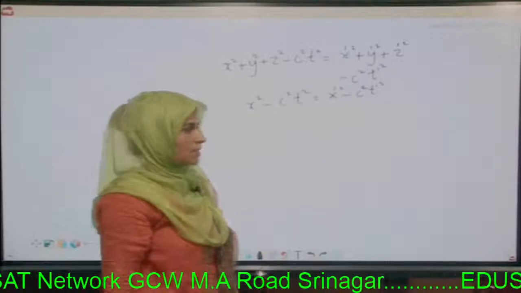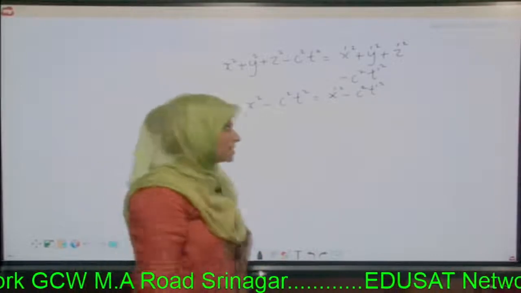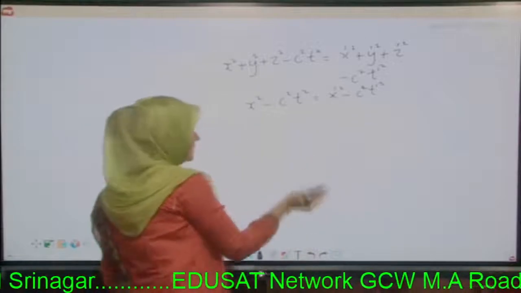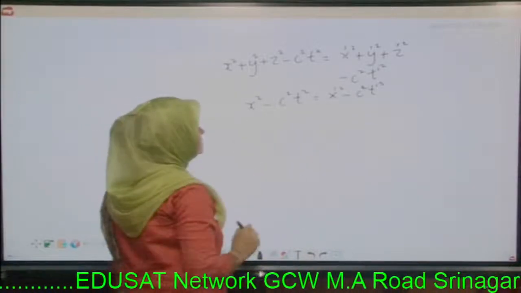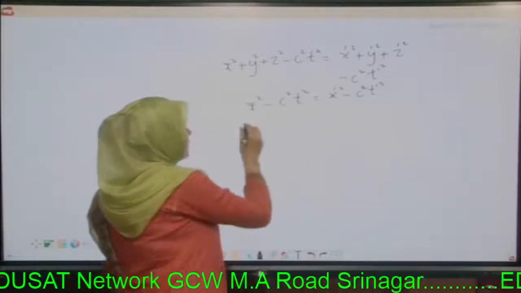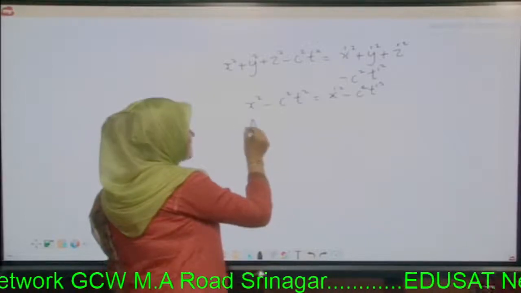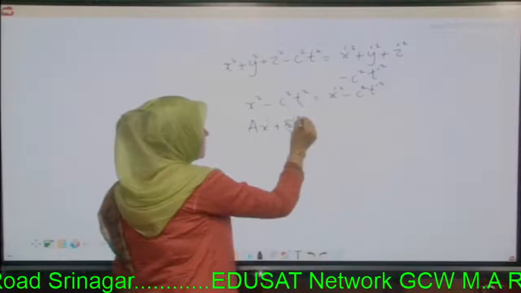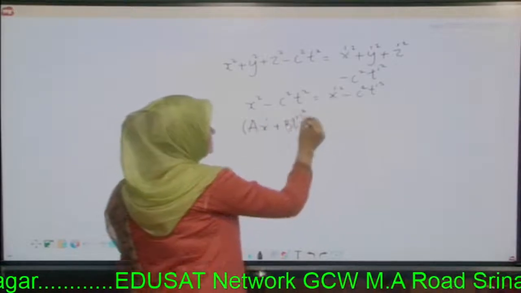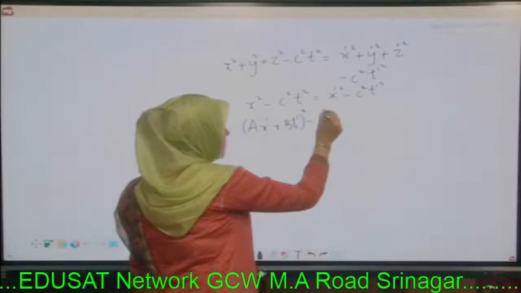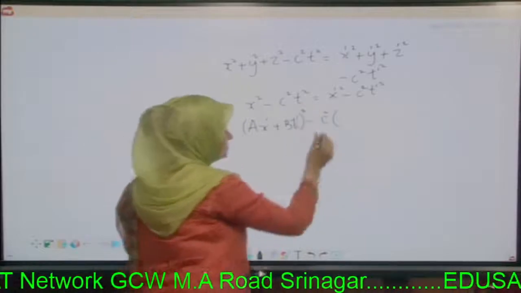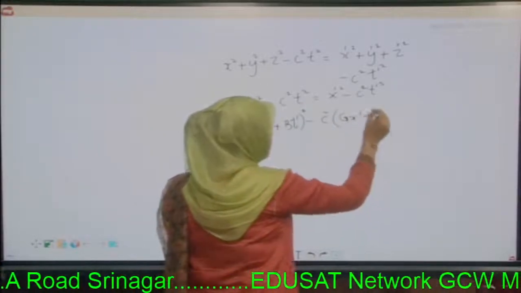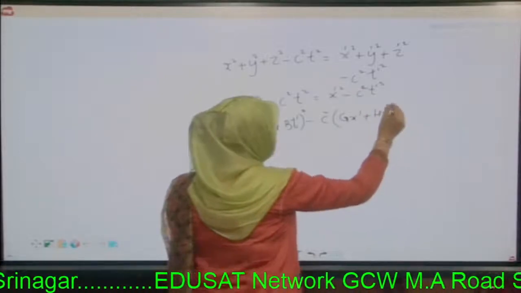I'm repeating things again and again because you are beginners in physics. So for x, we will substitute what we have just guessed in the previous page. So x will be (ax' plus bt') square minus c square (gx' plus ht') square.